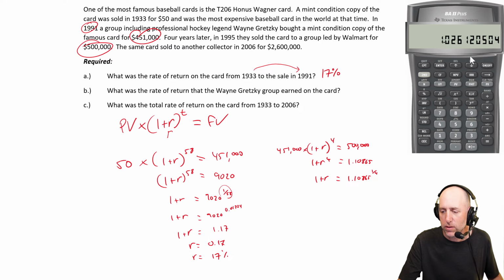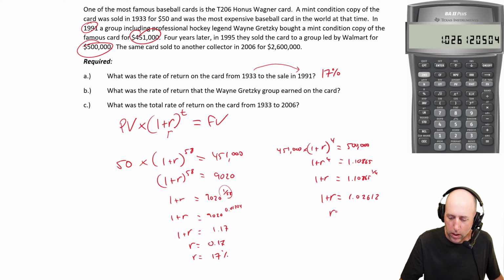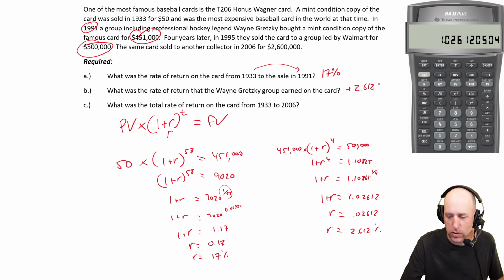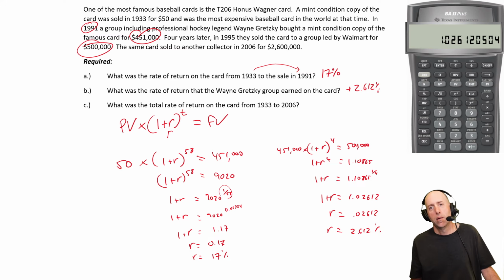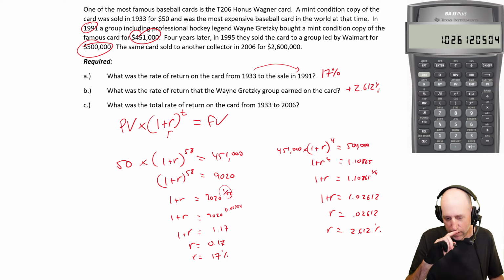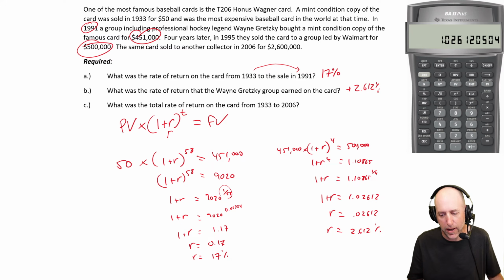So I get 1.02612. So 1 plus R equals 1.02612. R equals 0.02612. R equals 2.612%. Okay, so the Gretzky Group did not earn a great return, 2.612%. They would have been better buying an S&P 500 index or something like that.